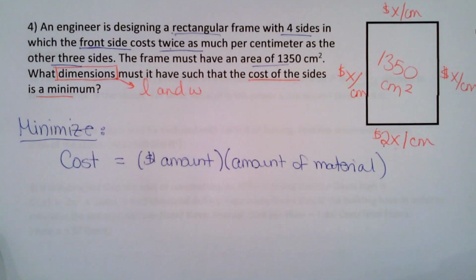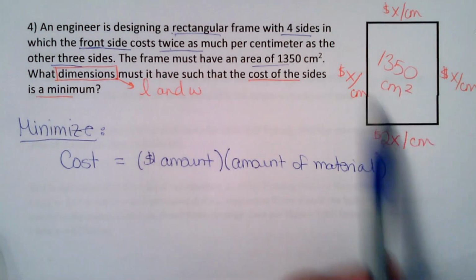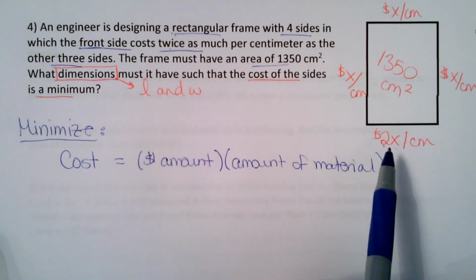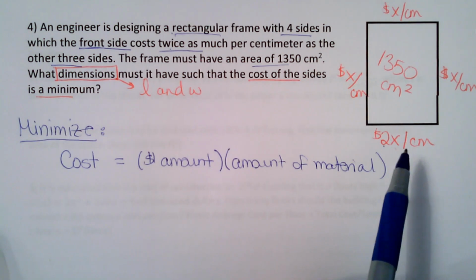So again, just to give you an idea of why this is different than before, the reason this is different is because one of the sides is costing different than the others. If they all cost X amount, then it wouldn't matter, right? I could just minimize the perimeter, and I would have what I want. I don't have to factor in what cost is, it won't play into this at all.